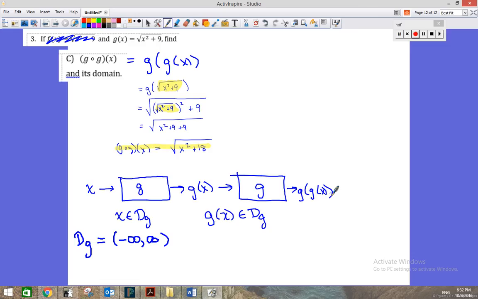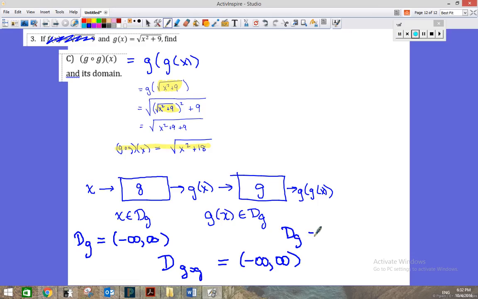So it will always produce an output. And since you're seeing g again, its domain is all real numbers, any output is going to be acceptable input. So the domain of g composed with g is all real numbers. I don't have to write that twice, do I?